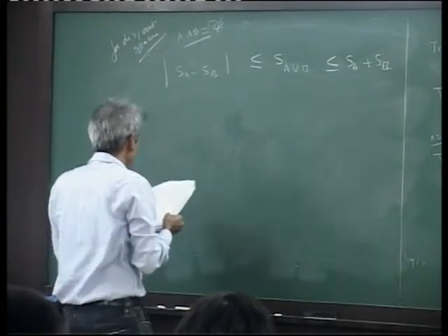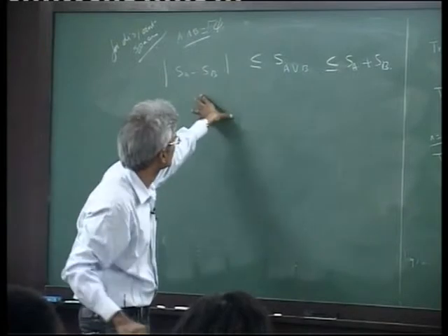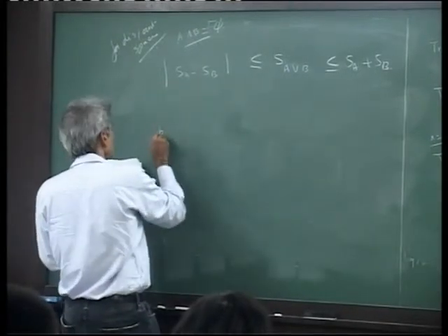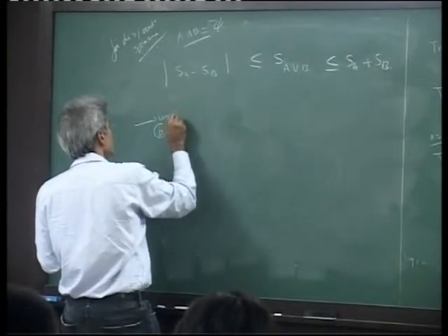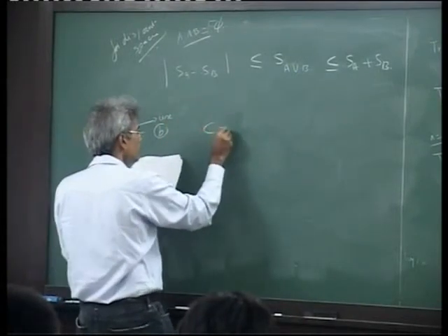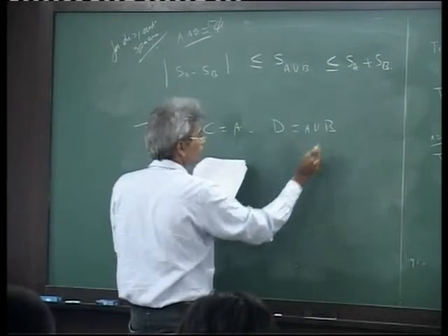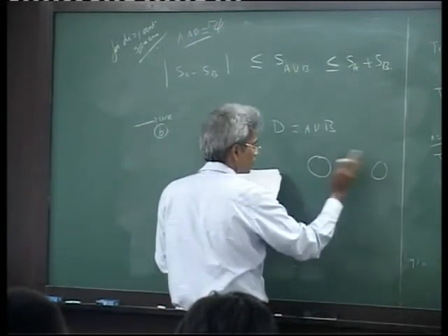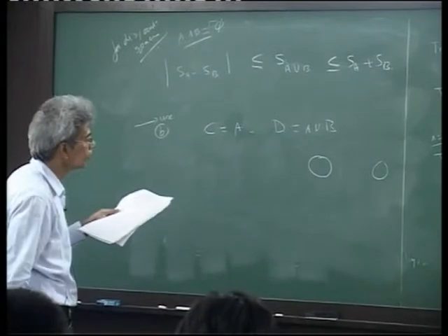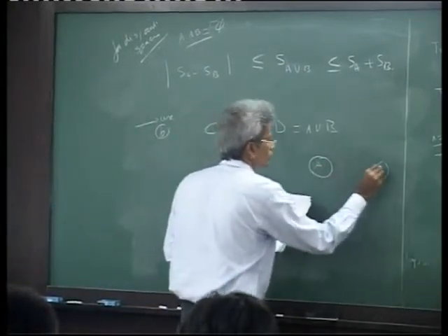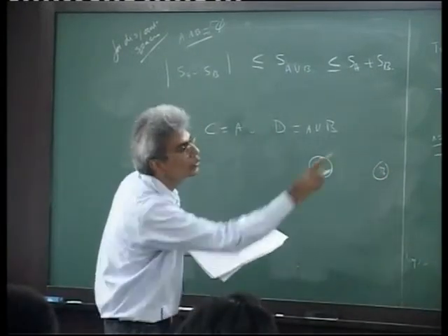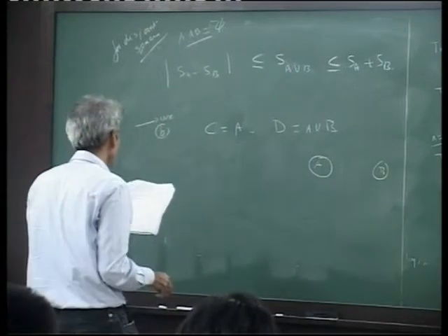So to show this part, let's use B, and choose C equal to A, and D equal to A union B. A and B don't have any intersection in common. This is A and this is B. So let's use this second one.